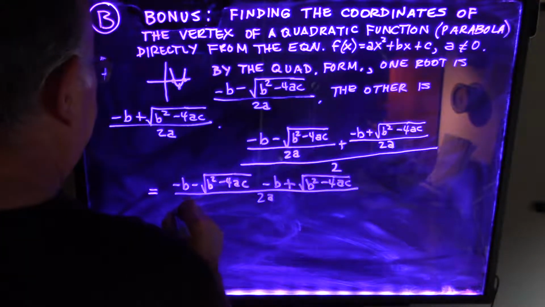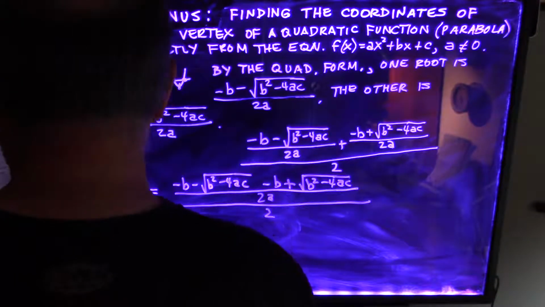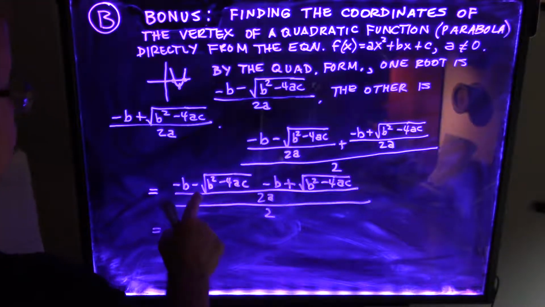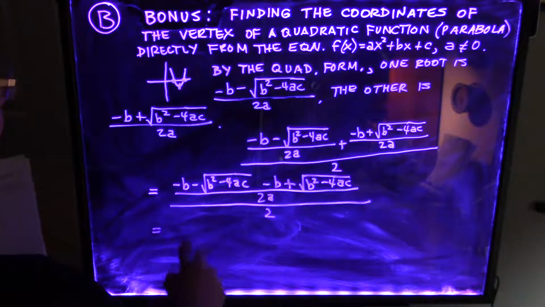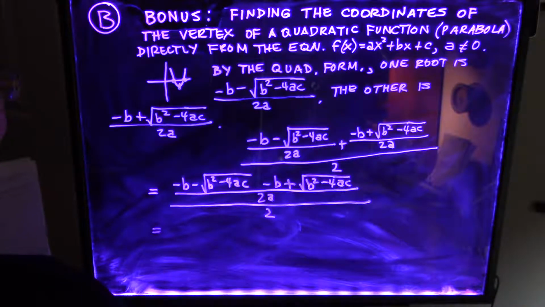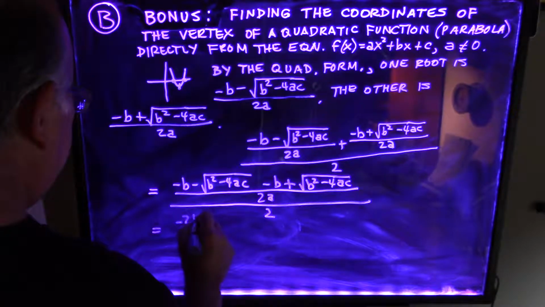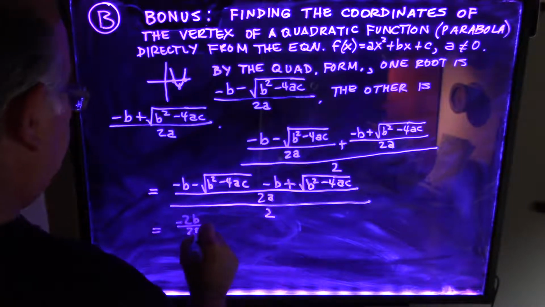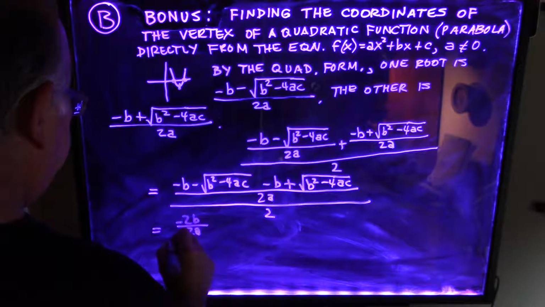And then all of that is over 2. All right. So when you add like terms, negative 2b, and then the radicals go away, don't they? Minus and plus, they're gone. Isn't that nice? So you get negative 2b over 2a. That's this whole top part, and then down below you've got a 2.